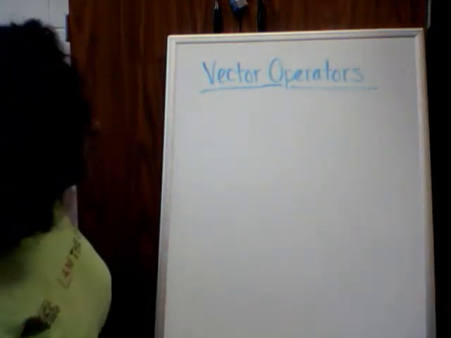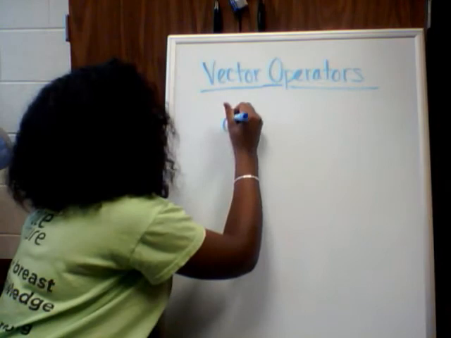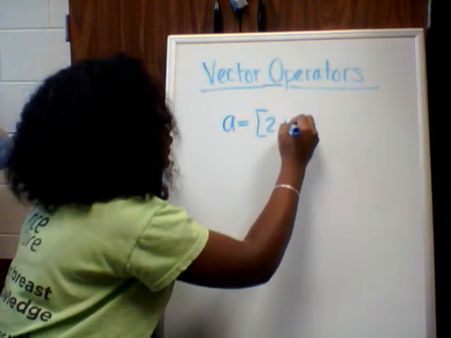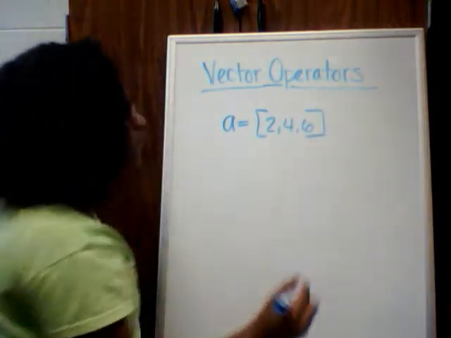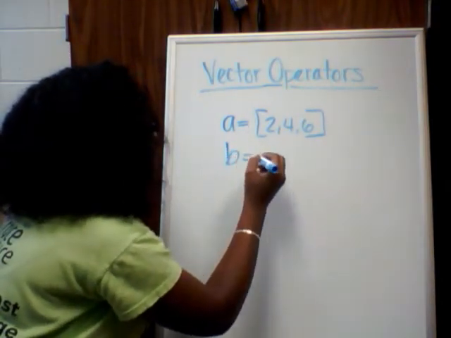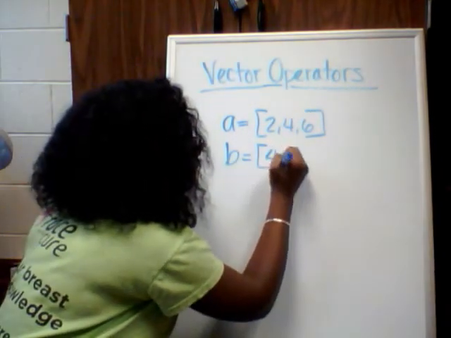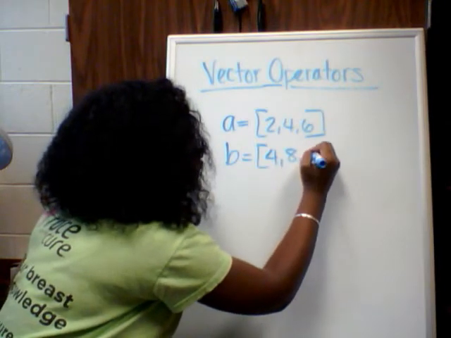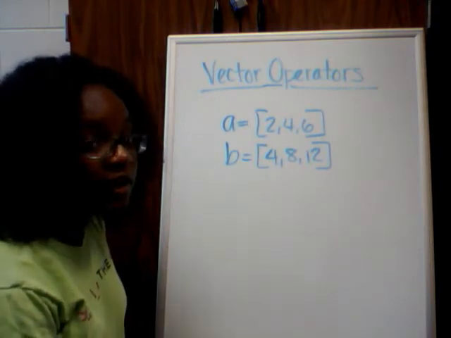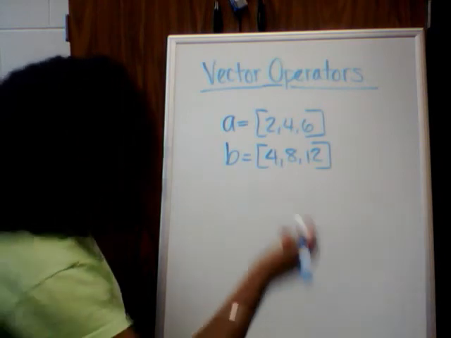So if I wanted to make a vector A equals 2, 4, 6, and B equal to 4, 8, 12, then in order to do division, just like multiplication, I would need to remember to put the period in front of the operator.